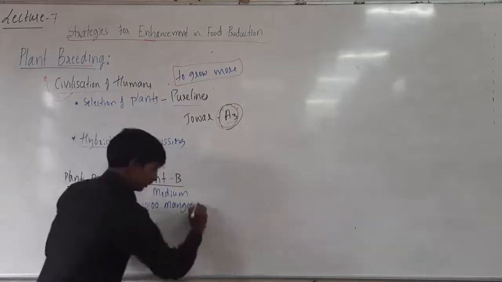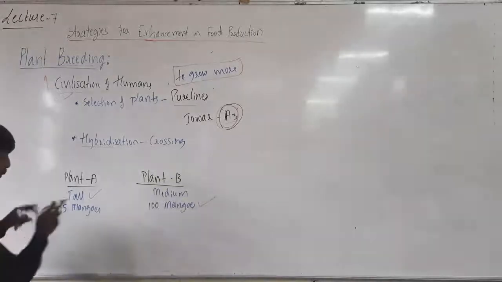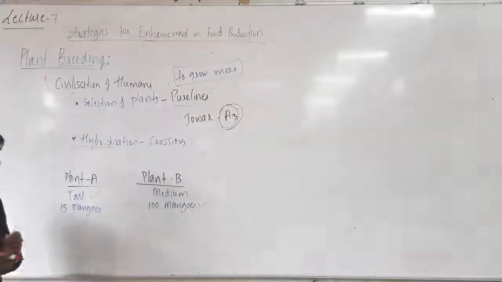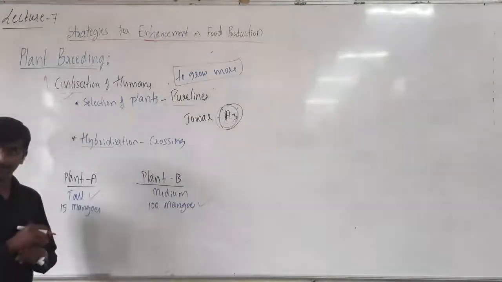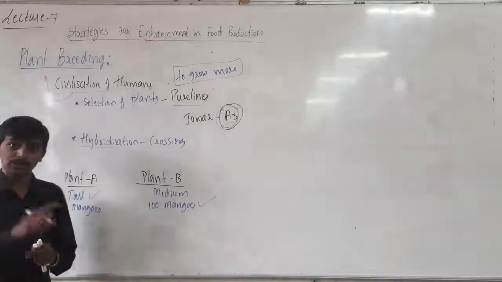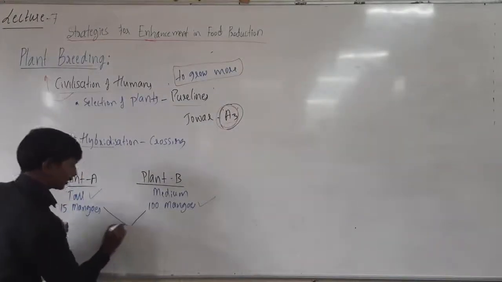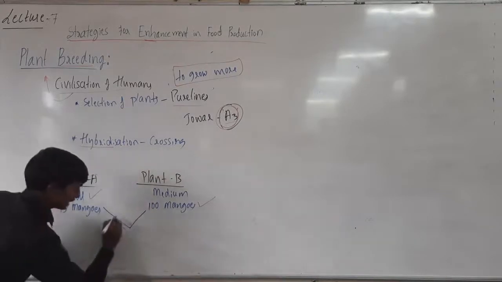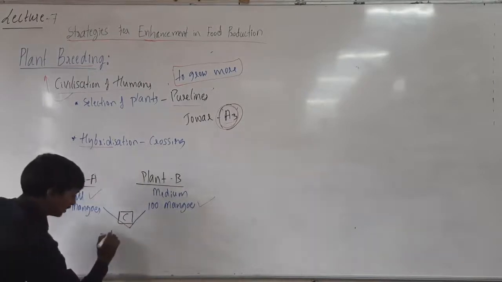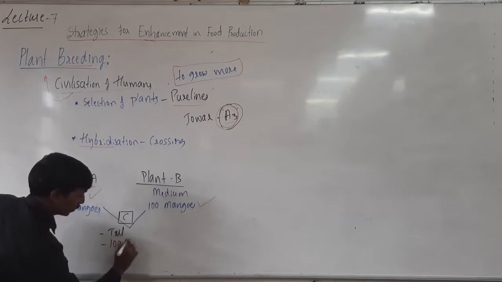Everyone wishes to have both the characters in a single plant. Then they have to go for hybridization, crossing, cross pollination. So when they cross these two plants, imagine plant C, the variety C will have both of the characters, that is tall height as well as producing 100 mangoes per year.